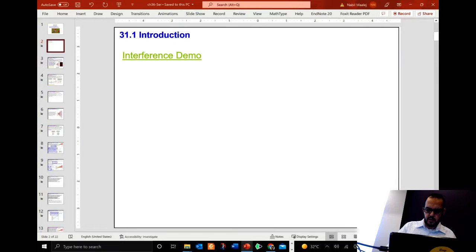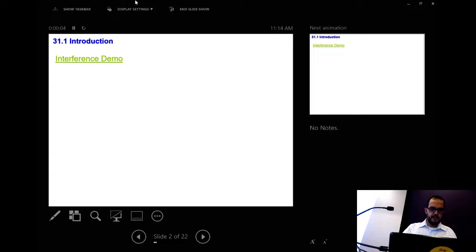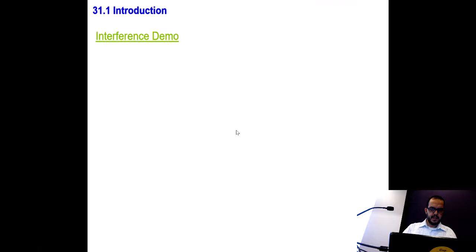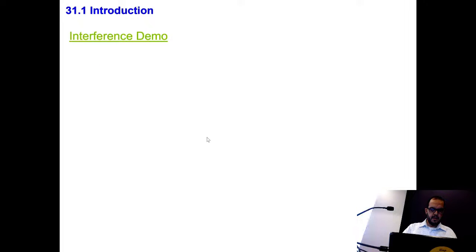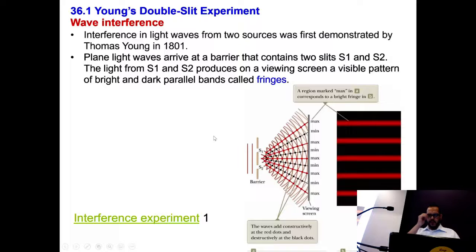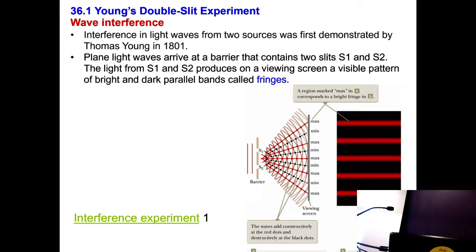Okay, let's go to presentation mode. Okay, so here we have a laser coming to two slits. So these are openings. This is a screen that blocks the light waves except these two openings.